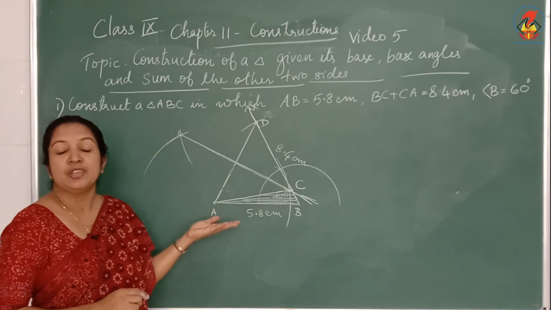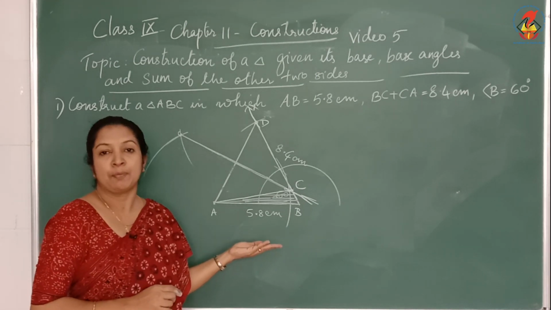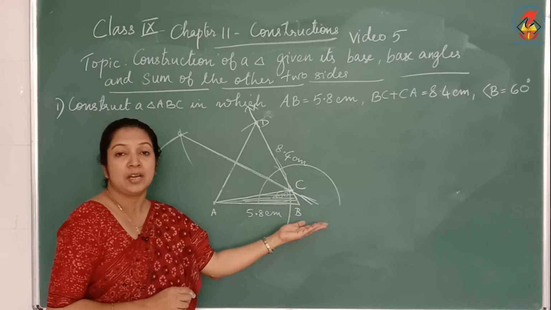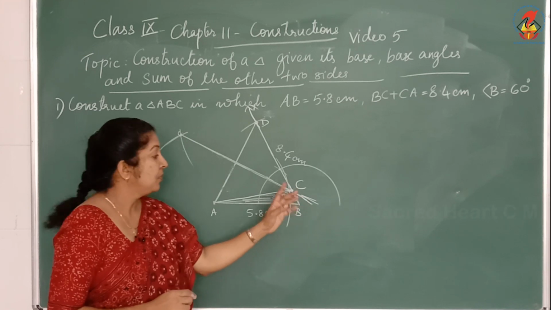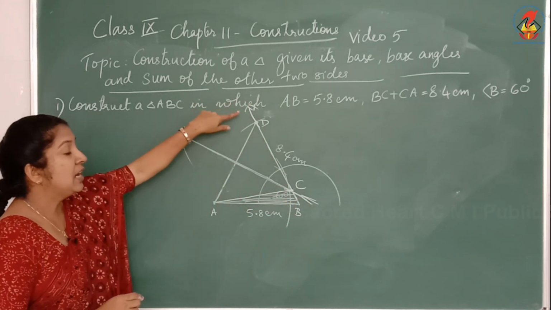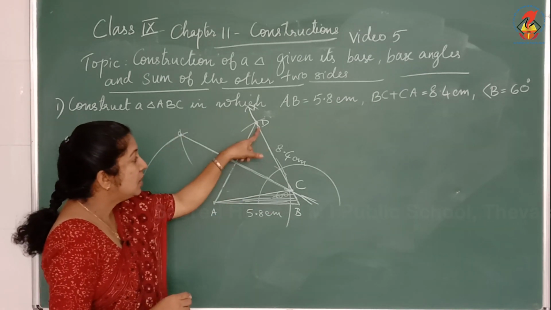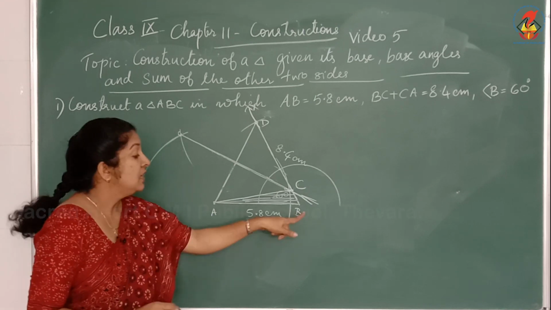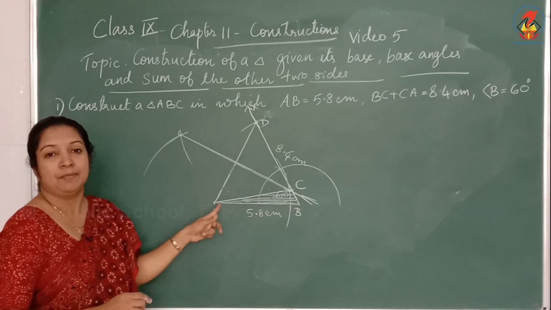So the first step which we have done is draw a line segment AB of 5.8 centimeter. Then we have constructed angle B, 60 degree. Then we have drawn the ray BX. Then we have marked a point D which is 8.4 centimeter away from B. Then join A and D.